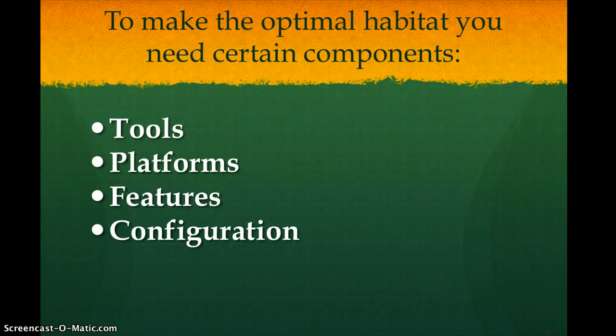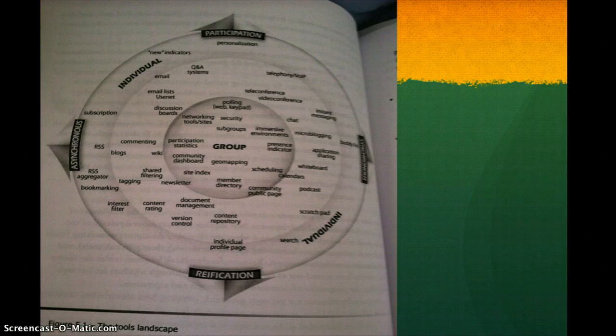Another thing that the textbook discusses is whether you're having a community that's synchronous or asynchronous, and this is one of the figures from the book, and that basically shows you the different tools that you can use. So there is some overlap, but if you take a look, there are basically synchronous tools that are listed and then asynchronous tools that you can see on the side. And the tool that you're going to select will basically all depend on the orientation of your habitat.